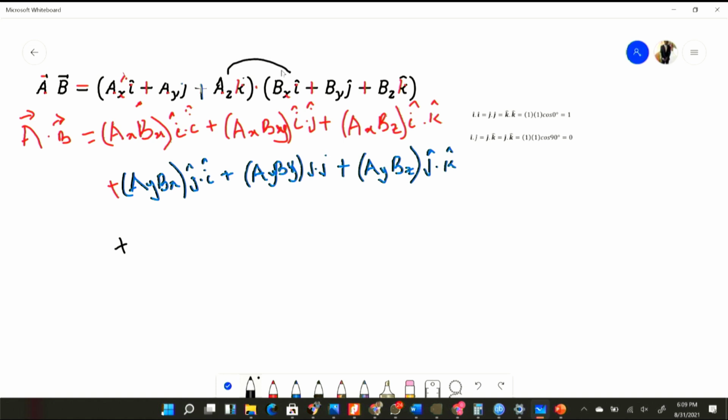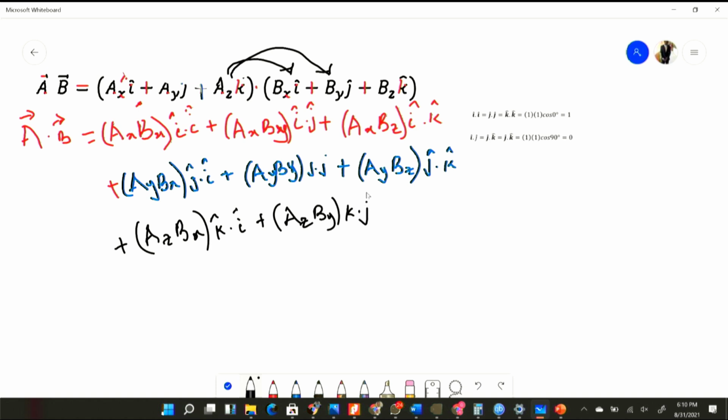We have AZ multiplied by BX, and we have K dot I, plus AZ times BY, then we have K dot J, plus AZ BZ, then our unit vector K dot K.